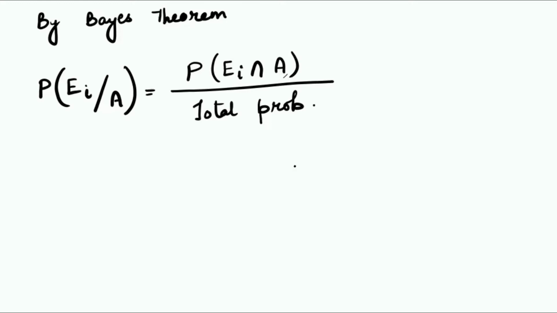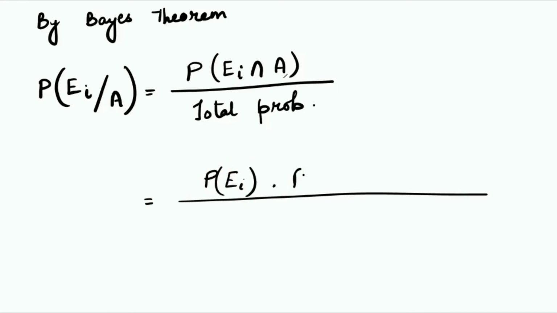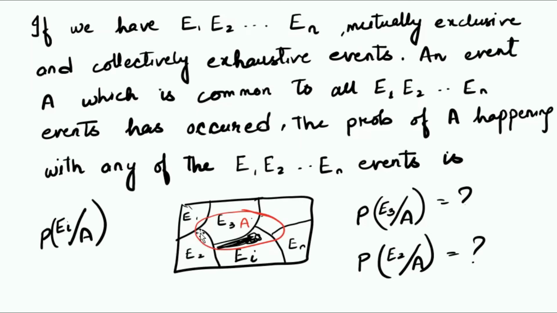We will see how we write it down. The favorable is probability of Ei multiplied by probability of A given Ei. And what is the total probability? A can happen from E1 also, A can happen from E2 also, A can happen from E3. Similarly, it can happen from all of them.